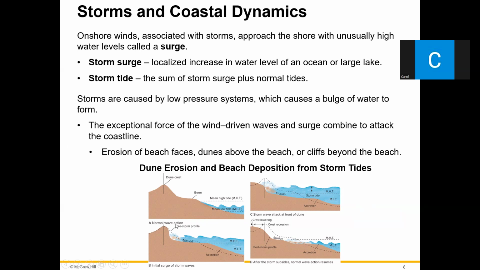Here we have a reworking of the geometry of the coast with a storm surge, and the damage it can do, where it has completely eroded away these back dunes, and then all that sediment becomes deposited here on the beach face.